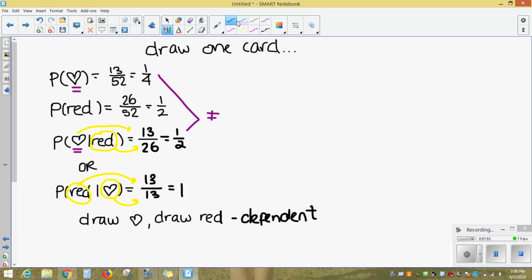So if I cheat and tell you I'm holding a heart, then by default it has to be red because all of the hearts are red. If we compare these two blue probabilities, they are not equal to each other. So it still tells me this is a dependent situation.